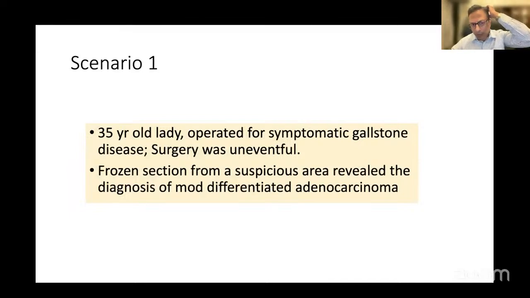So there are actually two scenarios which you can see. One is a lady who has been operated for symptomatic gallstones. Surgery was uneventful, but on examination of the gallbladder, there were some suspicious areas and frozen section revealed that it's a moderately differentiated adenocarcinoma.